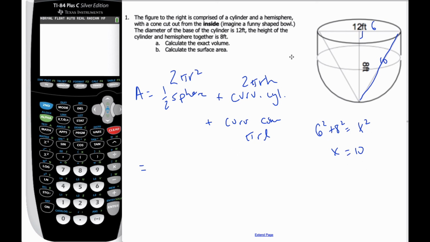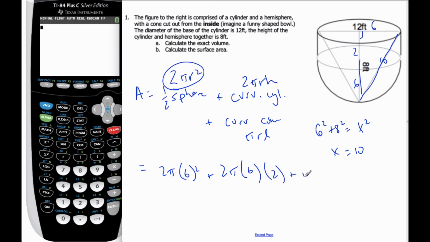So when I start to put all these pieces together, I have half the sphere is 2πr², so 2π6², plus 2π6 times h. The height of the cylinder, if we remember, is 2, plus πr, where r is still 6, and l is the slant height, which is 10.